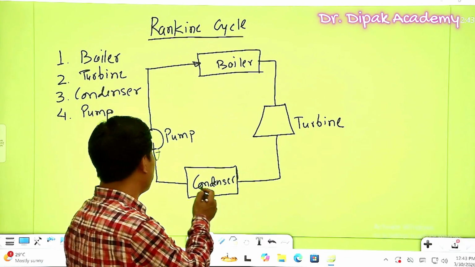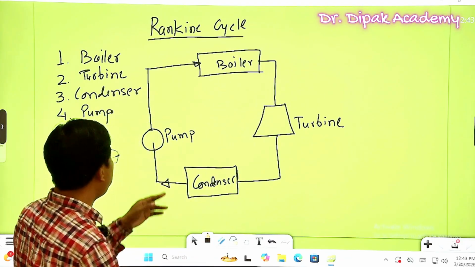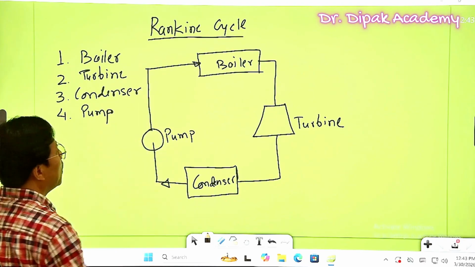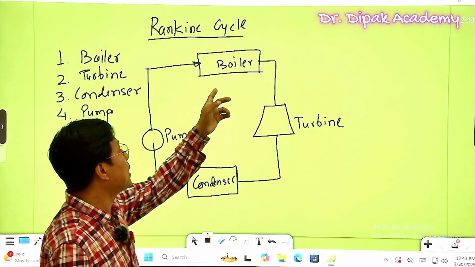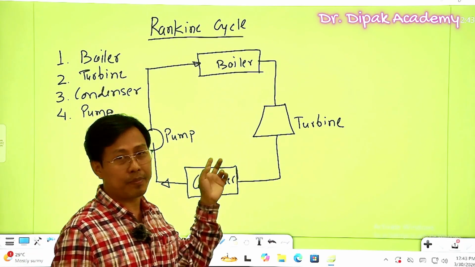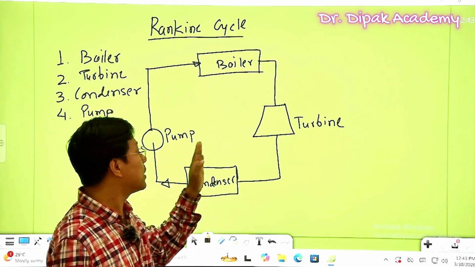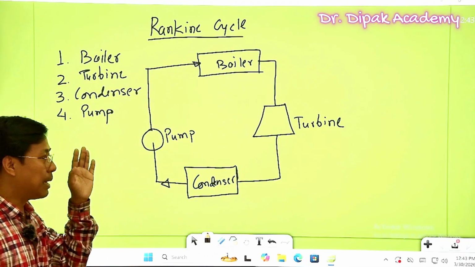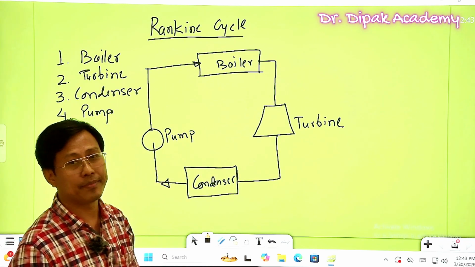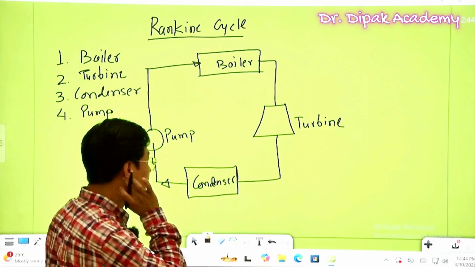This water will be pumped by the pump, and this pump will put the water inside the boiler again. So in this way the whole cycle will take place. These are the basic components by which the Rankine cycle is complete. So this is about the schematic diagram.